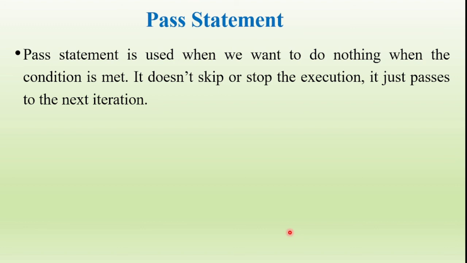The pass statement is a null operator and is used when the programmer wants to do nothing when the condition is satisfied. This control statement in Python does not terminate or skip the execution. It simply passes to the next iteration. And the syntax of the pass statement is pass.